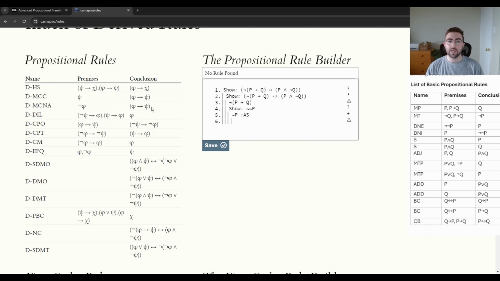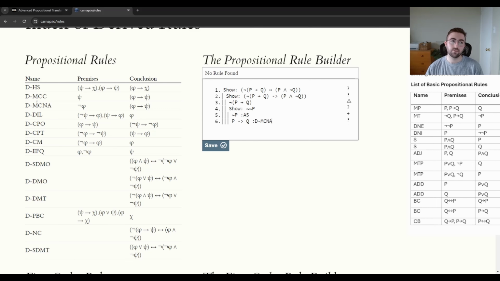Well, conveniently, we have this other derived rule over here, MCNA, right? See that, guys? And you know that if you have not anything, then you can get that thing implies anything else. Well, we have not P, which means we can get P implies Q, right? And we'll use our derived rule from some classes ago, D-MCNA.